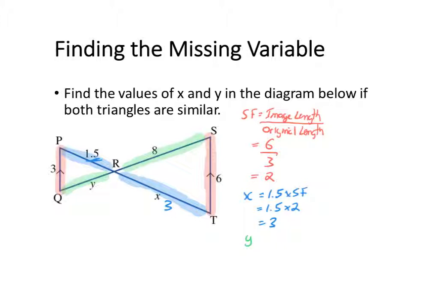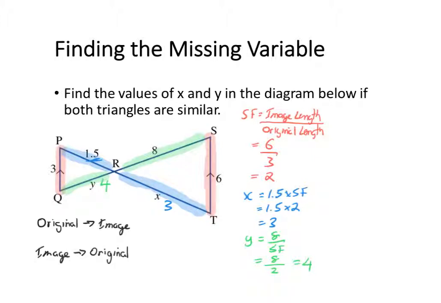So y is going to equal 8 divided by the scale factor, which is equal to 8 divided by 2, which is going to equal 4. So the value of y is equal to 4.